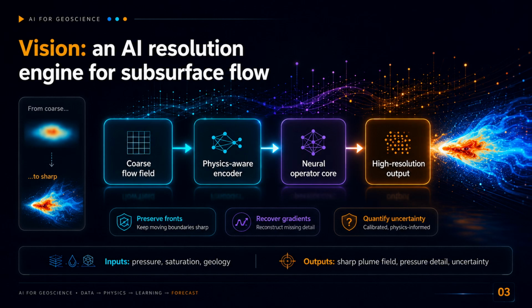This part helps the model understand important physical features, such as pressure, saturation, plume movement, and geological structure. Next, the neural operator or deep learning core learns how flow patterns evolve in space and time. Finally, the model produces a high-resolution output. This output should show sharper plume fronts, better pressure details, and uncertainty information.